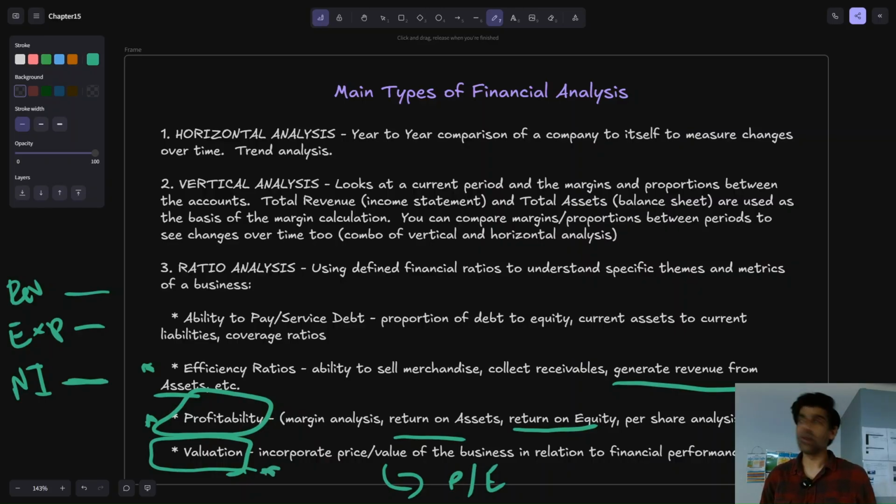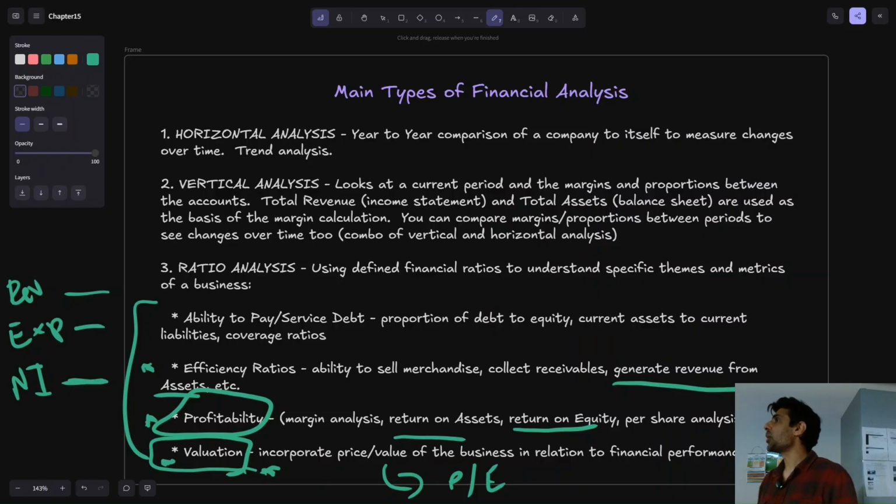We're now adding the extra layer of what is the market price of the business, the market value of the equity, which is different again from the accounting value. Those are the main ratios, and we'll get practice calculating them and using the financial statements to do that, because all the information is there, except for this one.